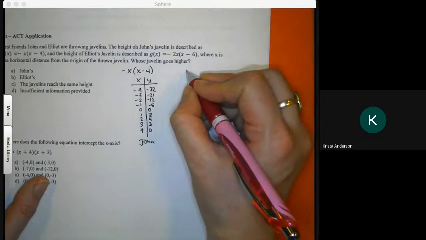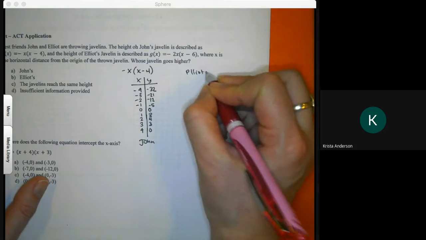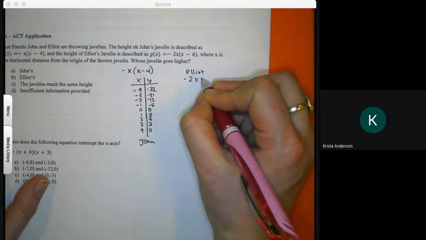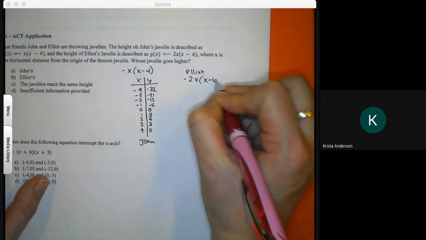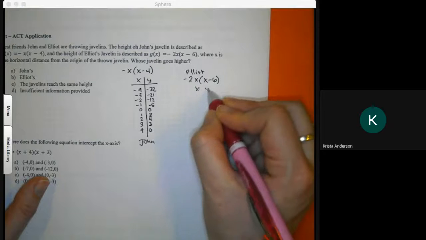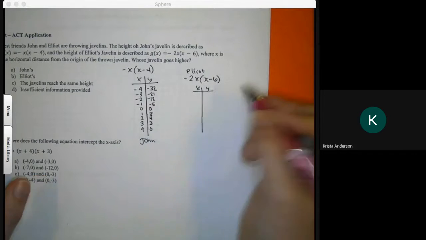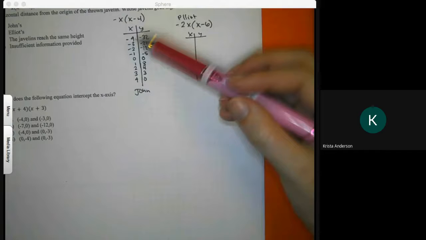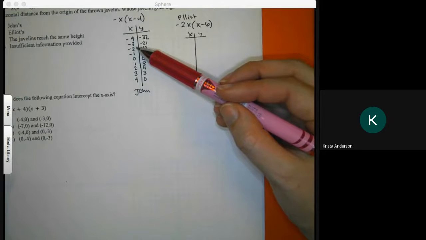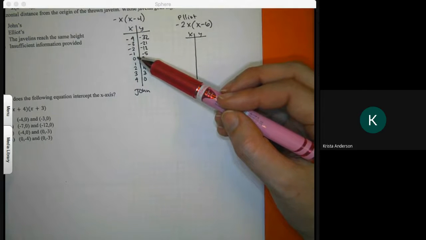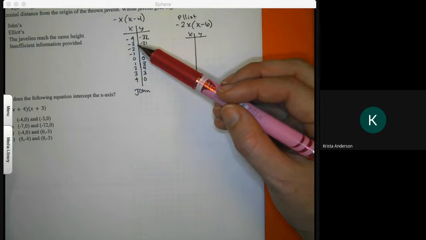Now we're going to check Elliot. What do you notice about the negative values? They're all negative. And if I'm looking for a height, am I going to have a negative height?